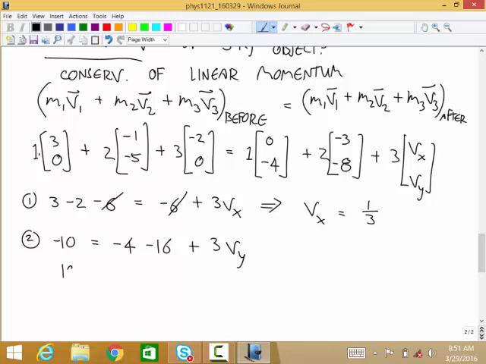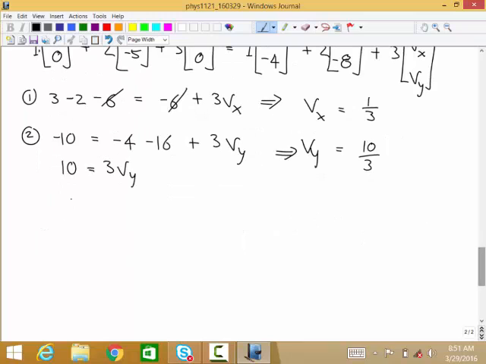So +10 is equal to 3vy, so vy is equal to 10/3. And so after the collision, at this later instant, the velocity of the 3 kilogram object is 1/3, 10/3.